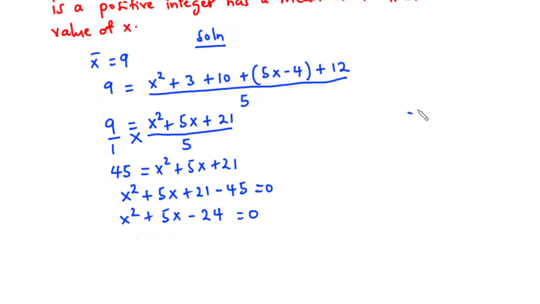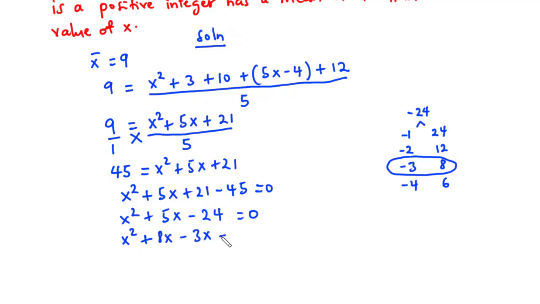So we need to find the factors of negative 24 that add up to 5 and multiply to give us negative 24. So we have negative 1 times 24, negative 2 times 12, negative 3 times 8, negative 4 times 6. Now we are going to choose this set because negative 3 times 8 is negative 24 and then negative 3 plus 8 is 5. So we have x squared plus 8x minus 3x minus 24 equals 0.